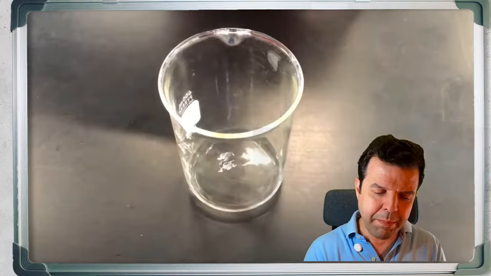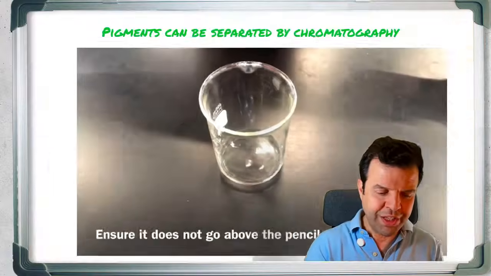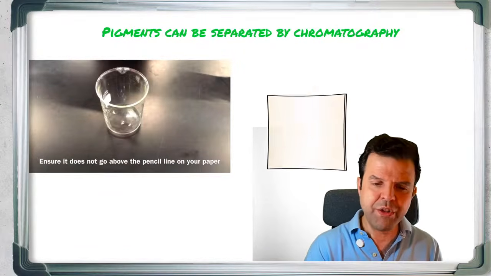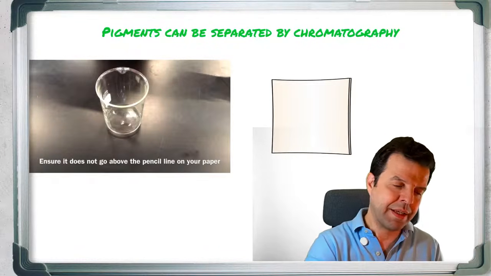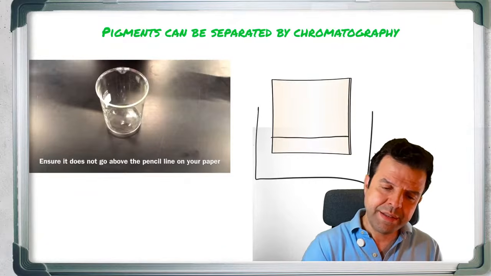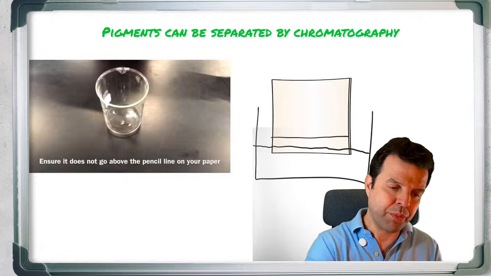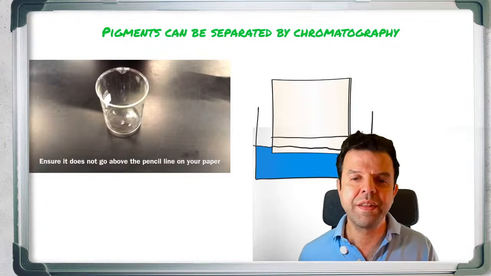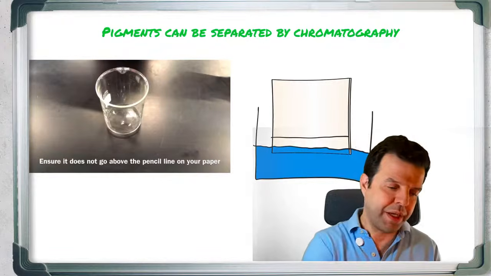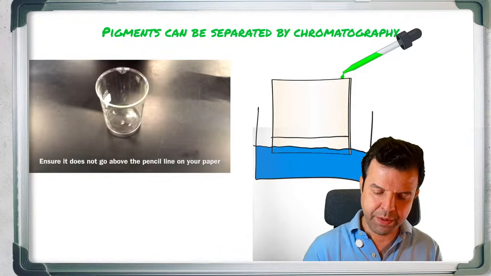I place that paper into that beaker, but very important, your paper shouldn't dip into the solvent. So let's say here is my beaker, here is my baseline. The solvent should always stay at the bottom, not touching the baseline. Got it? Like this. And here are my colored chlorophyll pigments on the top.